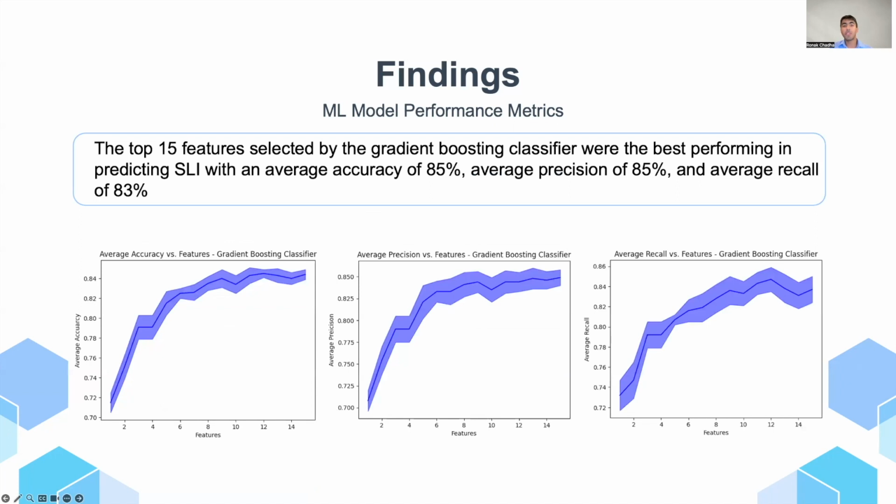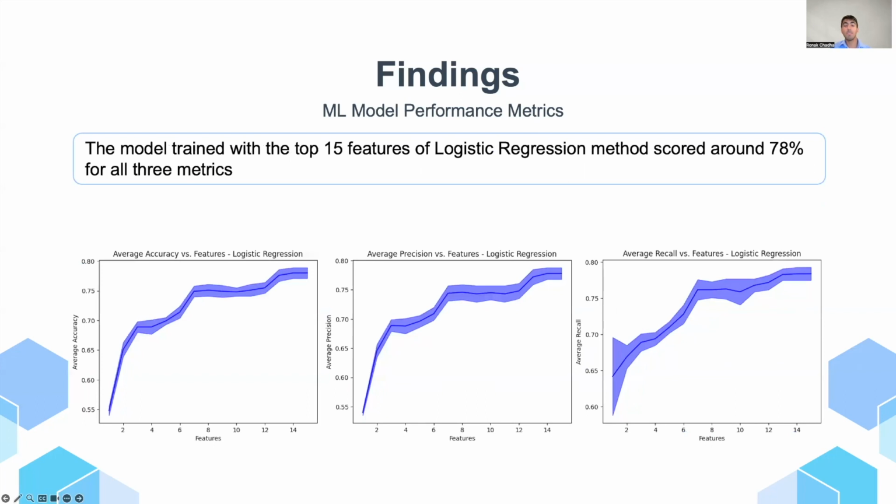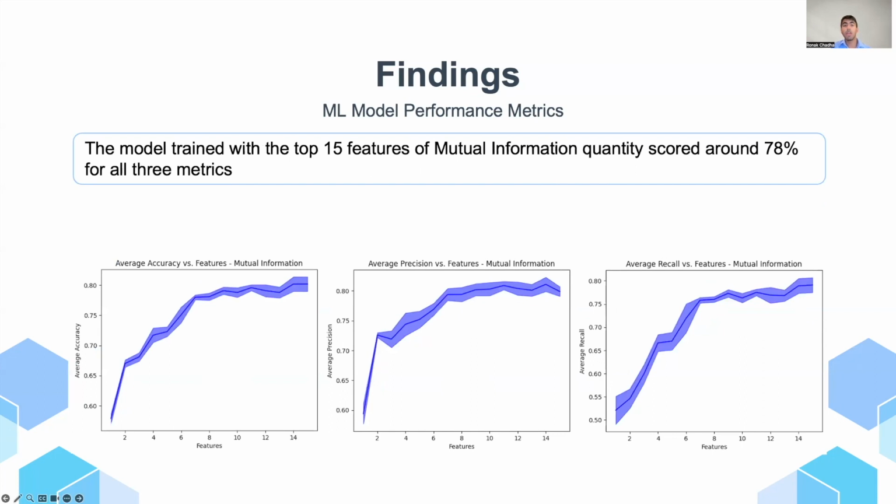The top 15 features selected by the gradient boosting classifier were the best performing in predicting SLI with an average accuracy of 85%, average precision of 85%, and average recall of 83%, as illustrated in the charts below. The model trained with the top 15 features of the logistic regression method scored around 78% for all three of these metrics. Similarly, the top 15 features from the mutual information quantity scored around 78% for all three of these metrics.